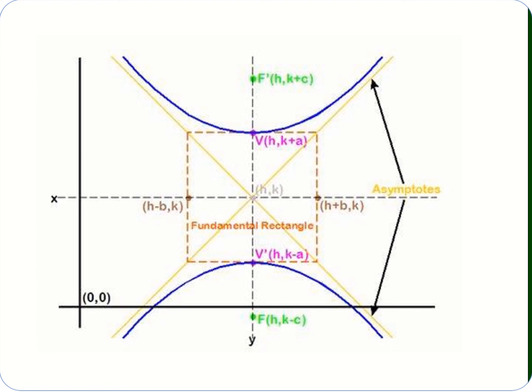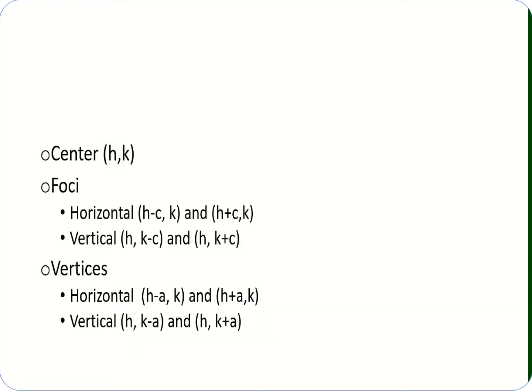Since c is greater than a, you will not switch a and b, only the x and the y. In getting b, it is equal to square root of c squared minus a squared. So you will just simply use the Pythagorean theorem.